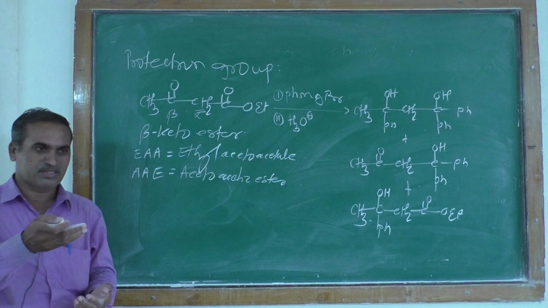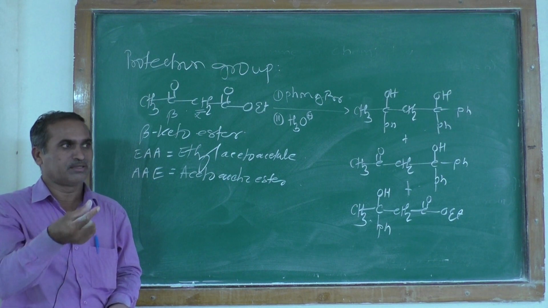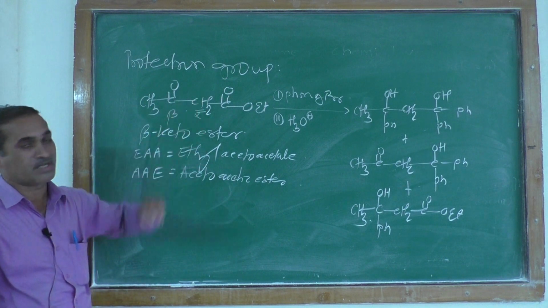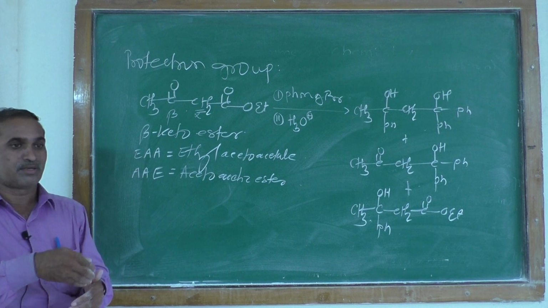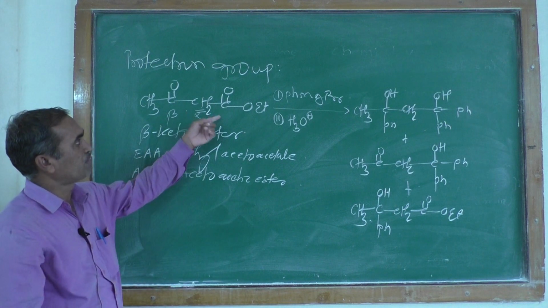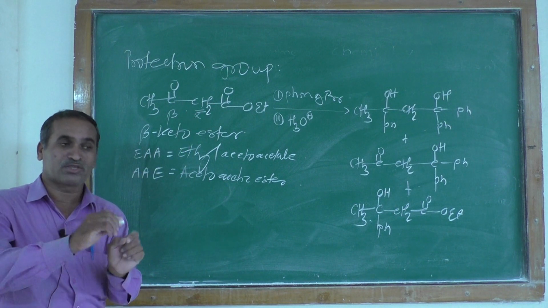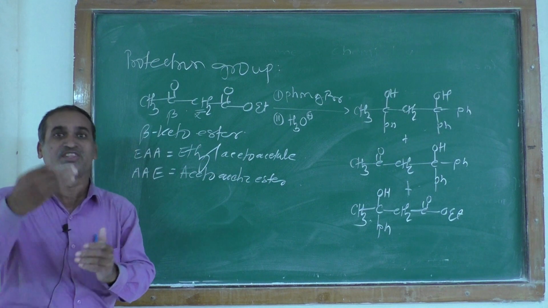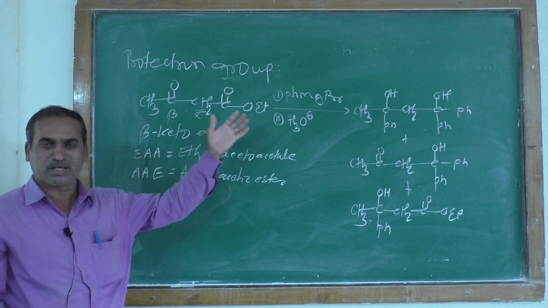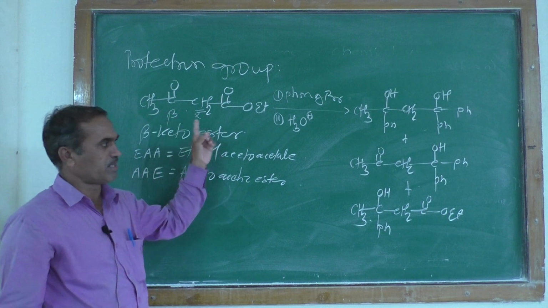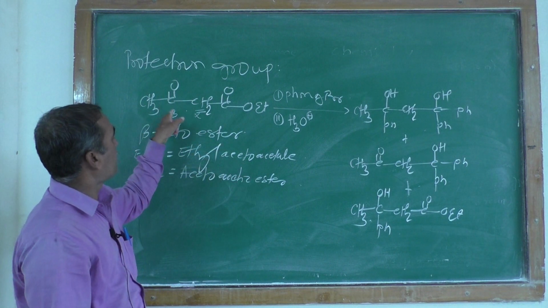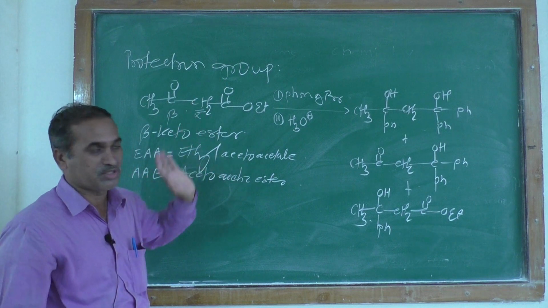By using mild basic conditions, it gets abstracted and forms a carbanion, and that carbanion can attack for alkylation or acylation. There is a formation of a new carbon-carbon bond, meaning you are synthesizing a new molecule, and therefore it is a versatile synthon. But we are now focusing on the introduction to protection and deprotection.